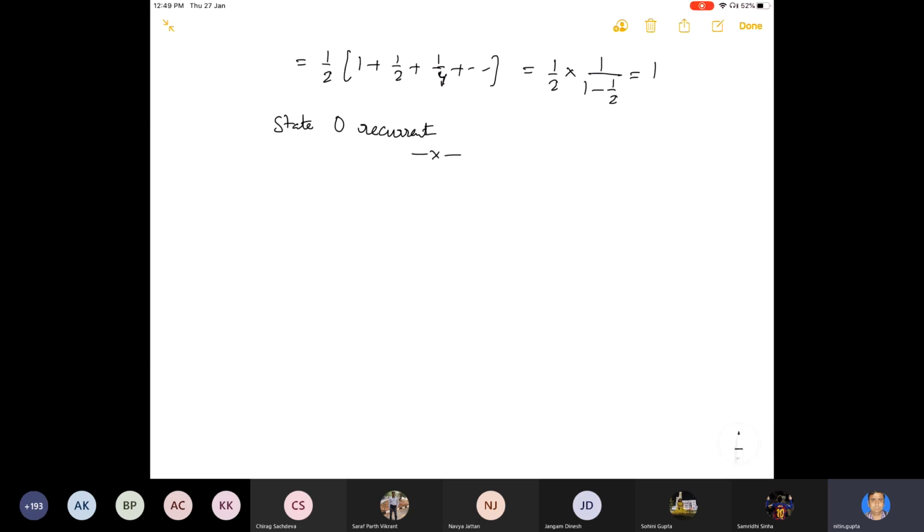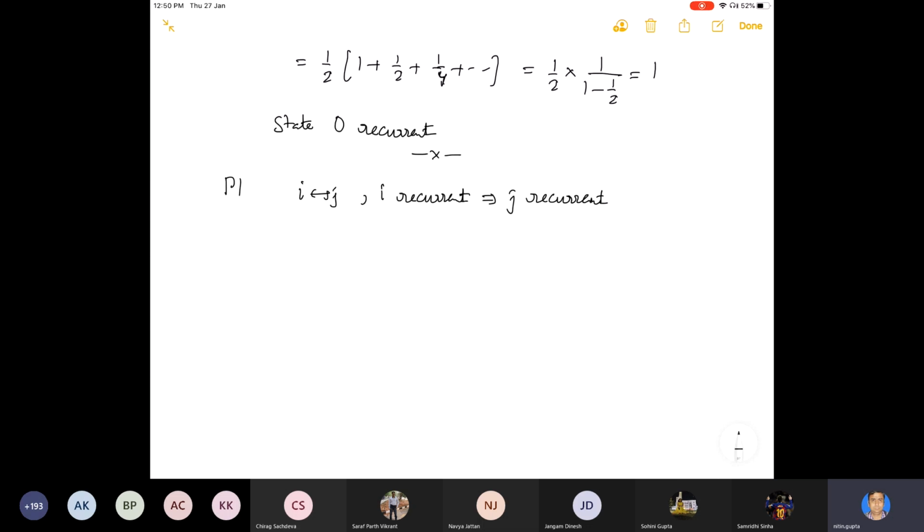If one is transient, the other will also be transient. So let us show this. Let us say that i and j communicate. i is recurrent implies that state j is recurrent. We want to show this.